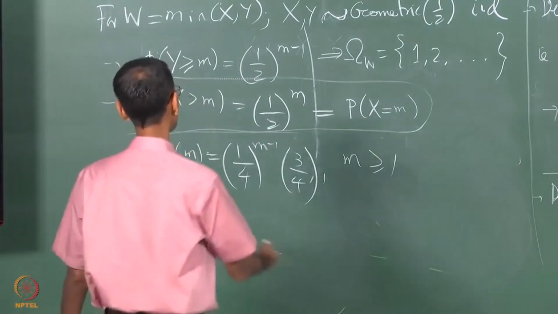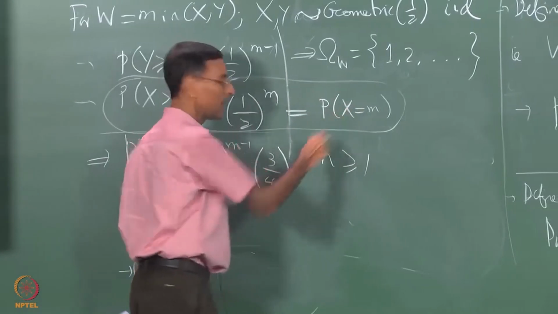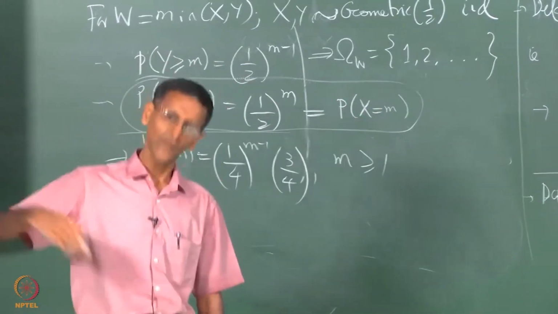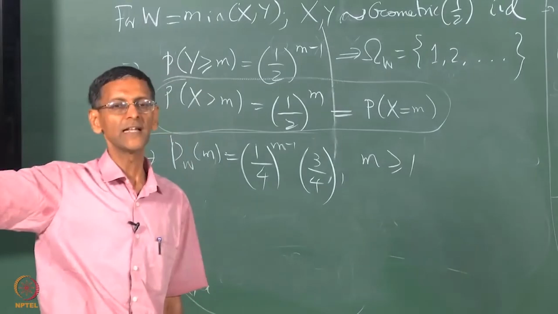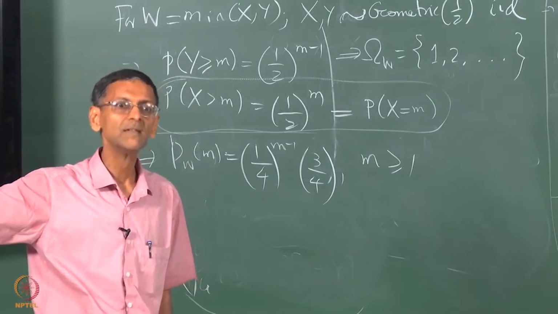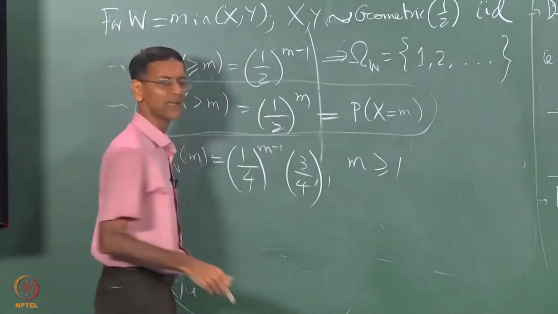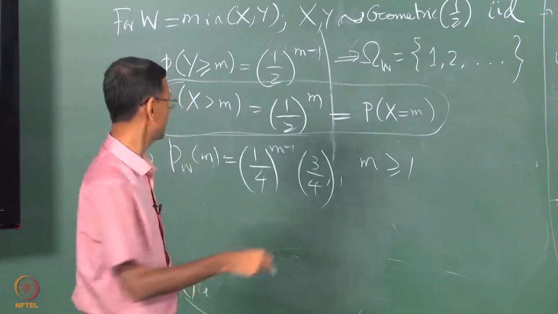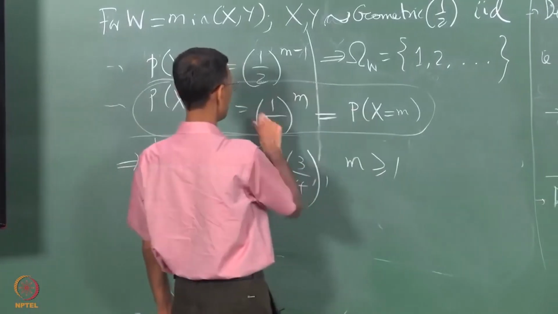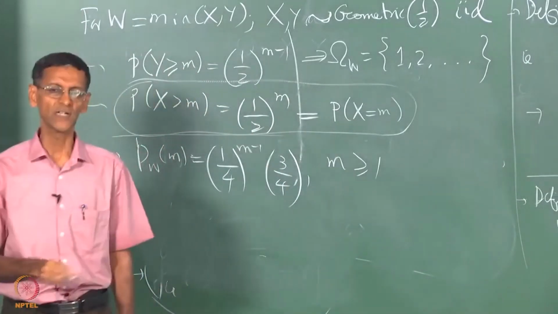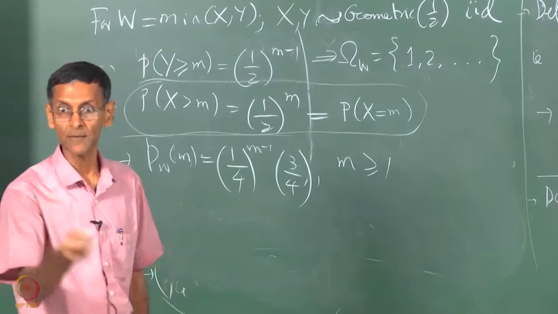So you get the probability of half power m for having the success at the end trial, or you get half power m for succeeding in the future. So the geometric PMF has some very interesting properties like this also, that these two have the same probability, but for that of course you need half. It doesn't work for any p, as you can check.